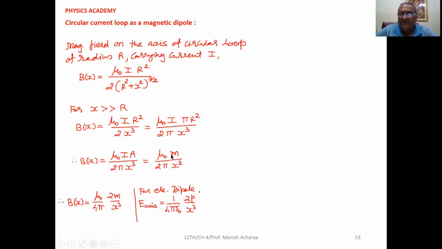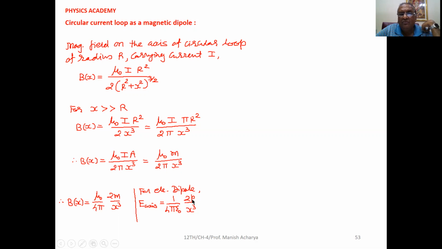Now rewrite this one. Here multiply and divide by 2 again. So we can resultantly write mu 0 upon 4 pi, 2m upon x cube. Here see, the constant that appears is mu 0 upon 4 pi. In case of an electric dipole, we can write the equation of the electric field at any point on the axis of the dipole as E axis equal to 1 upon 4 pi epsilon 0, 2p upon x cube.